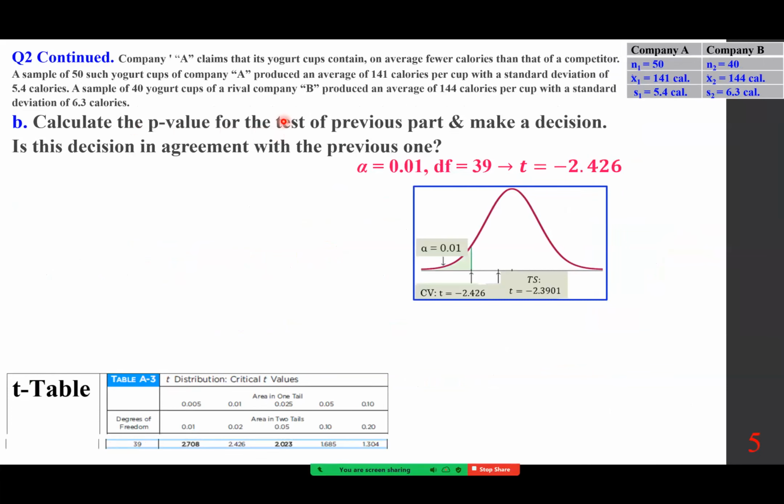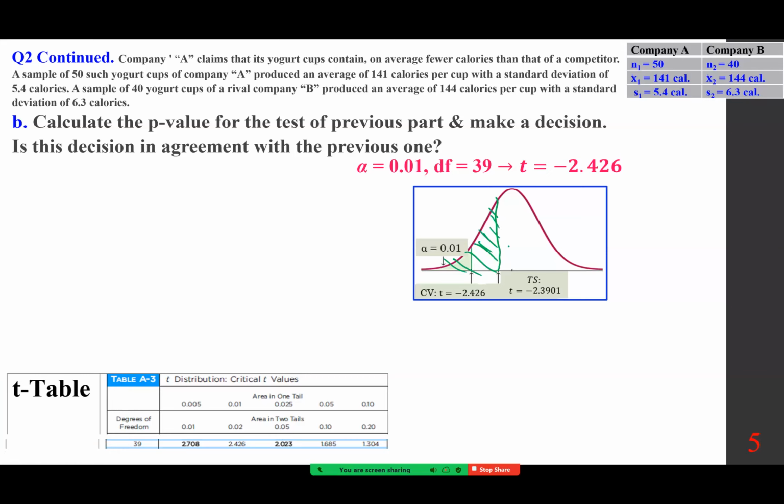In the same question, we want to calculate the p-value. I'm going to show you by hand using the table, and at the same time the technology and what happens to that. Again, we're going to write the information from the previous page, this table, and now I am showing you the t-table here. So when we want to use the p-value, here's the test statistic. So we want to compare this area.